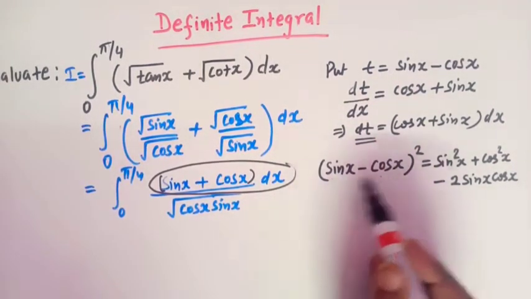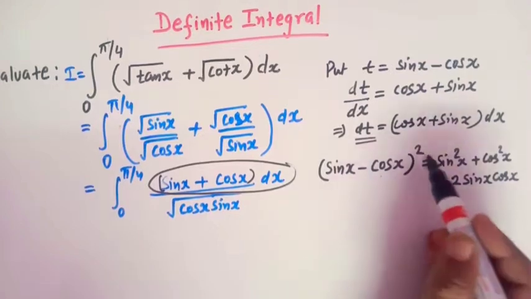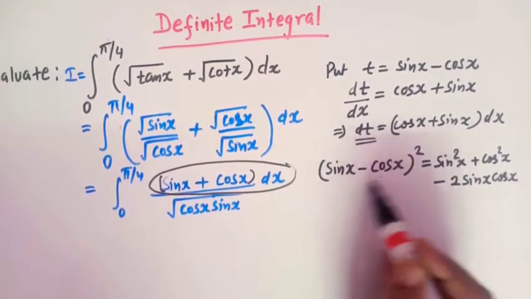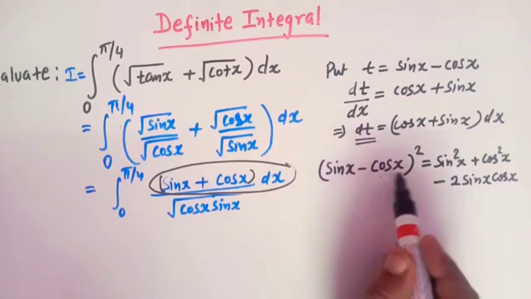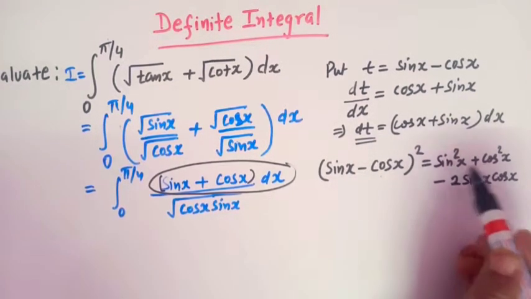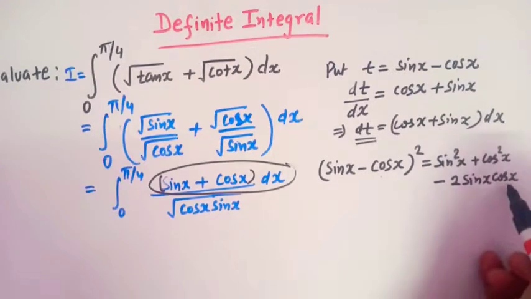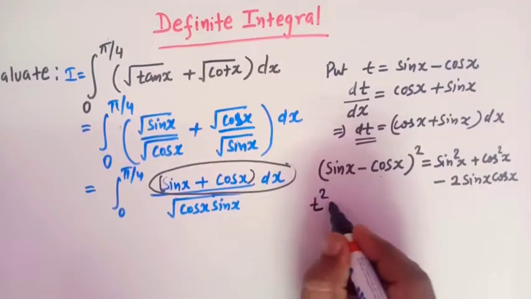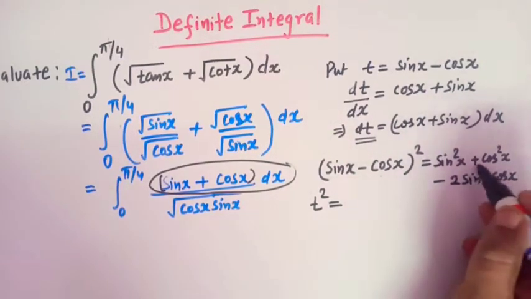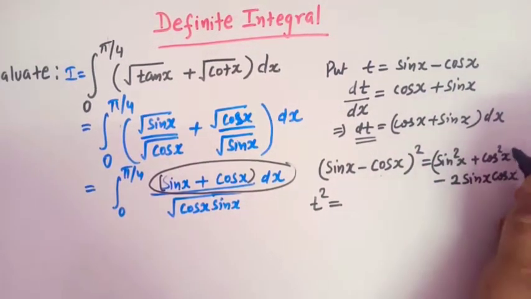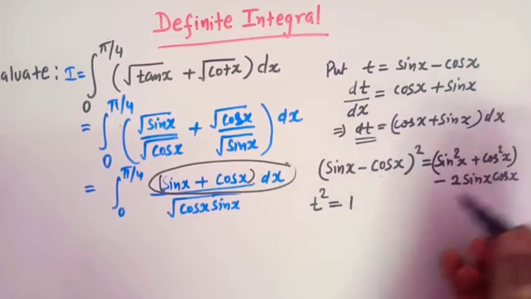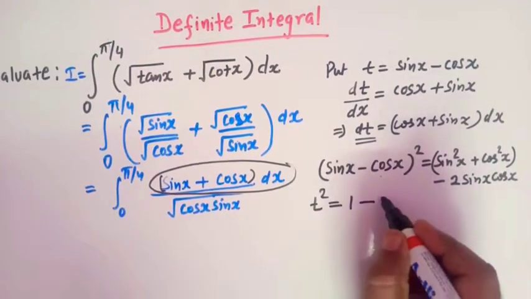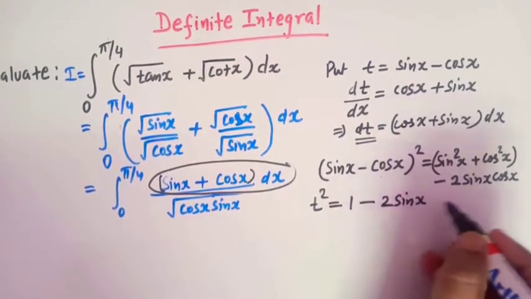So we have considered sin x minus cos x whole square, applying the formula of a minus b whole square, which is a square plus b square minus 2ab. Now sin x minus cos x is t, so we have t square, and sin square x plus cos square x is equal to 1 due to the identity, and here we have minus 2 sin x cos x.